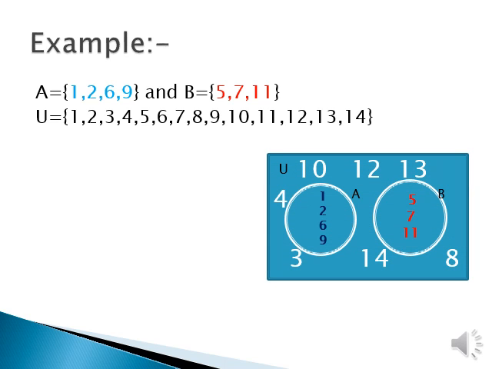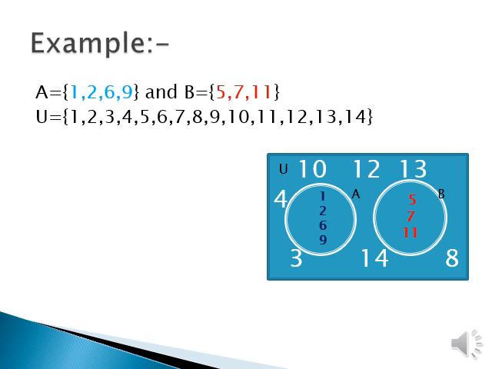See here. In the circle the elements 1, 2, 6, 9 are present for set A, and in the next circle 5, 7, 11 are the elements present in set B, and the remaining elements, that is 3, 4, 10, 12, 13, 14, 8, these are all remaining elements.